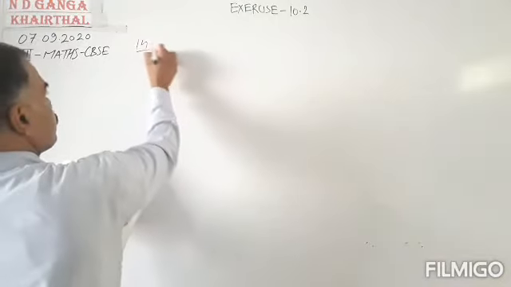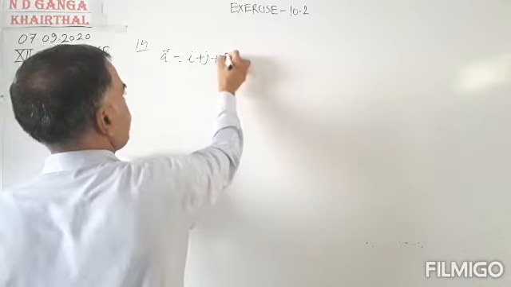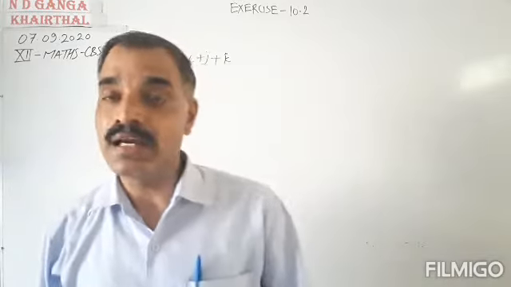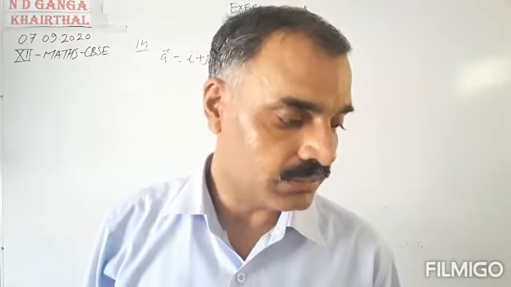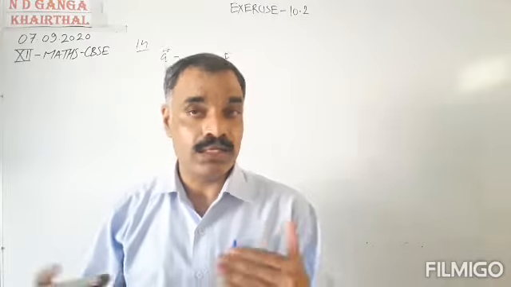The vector is given as i cap plus j cap plus k cap, and we have to show that this is equally inclined to the OX axis, OY axis and OZ axis.